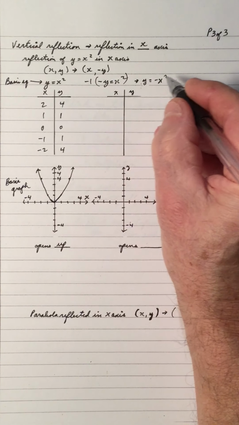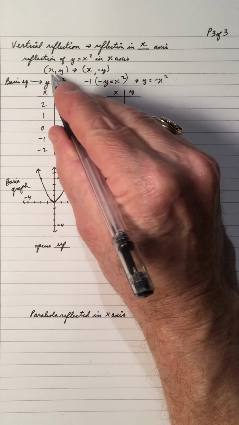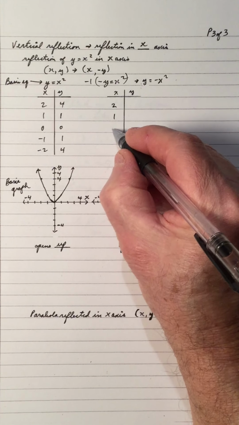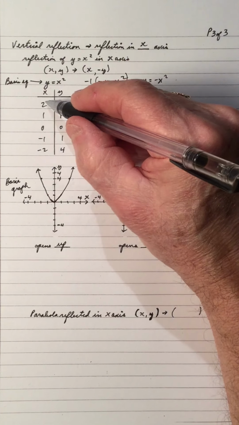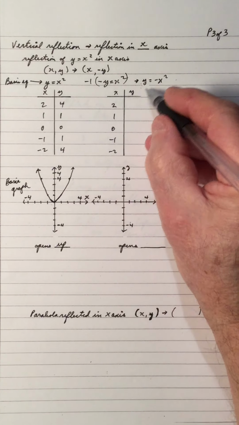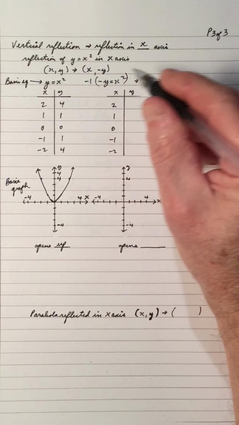Notice the x values are not changing. So it's 2, 1, 0, negative 1, negative 2. X is still x, so the x values are the same. But the y values are now changing.